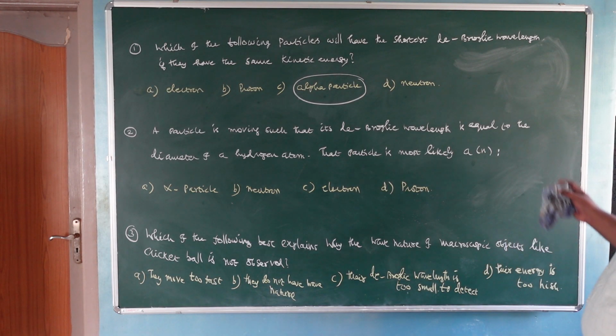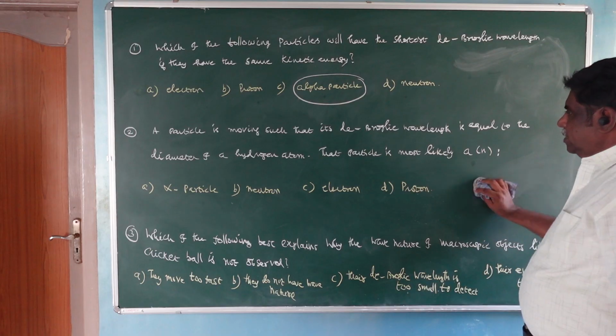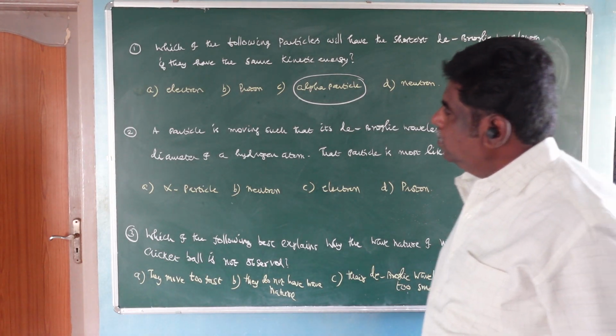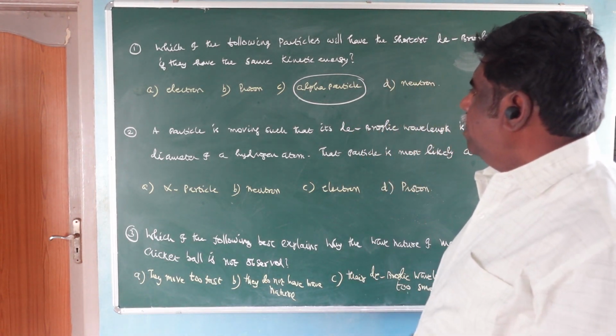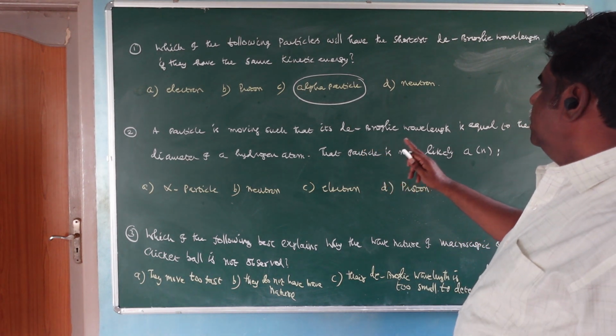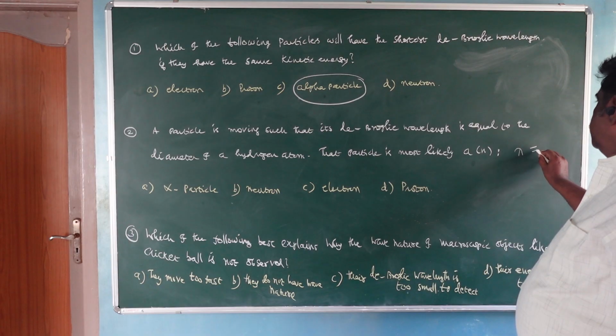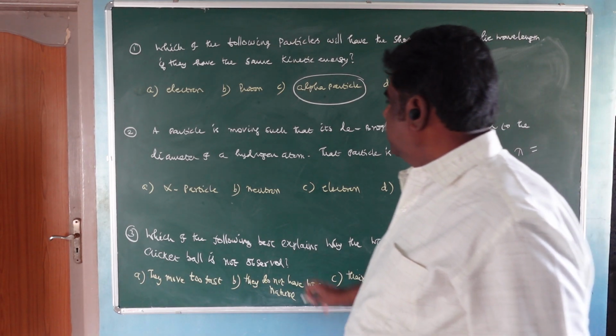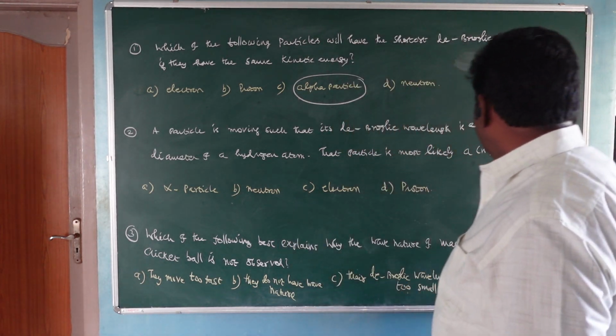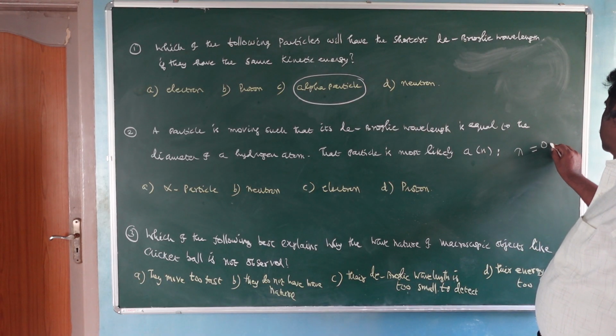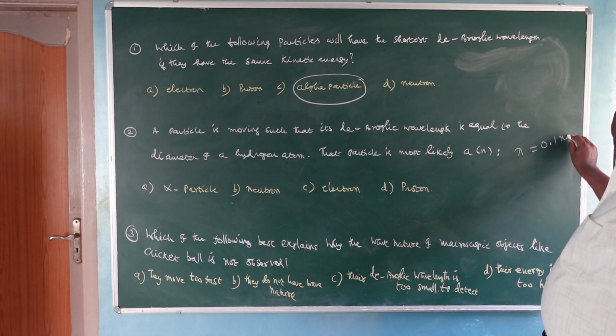Among the four, we have to choose one answer. Read out this question. A particle is moving such that its de Broglie wavelength lambda is equal to the diameter of the hydrogen atom. The diameter of the hydrogen atom is 0.1 nanometer.